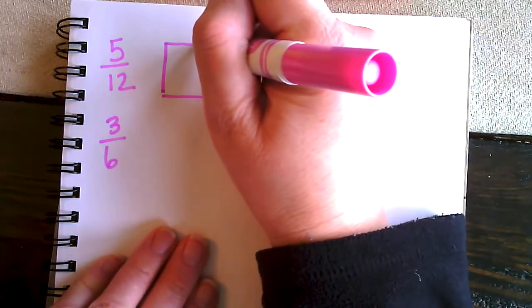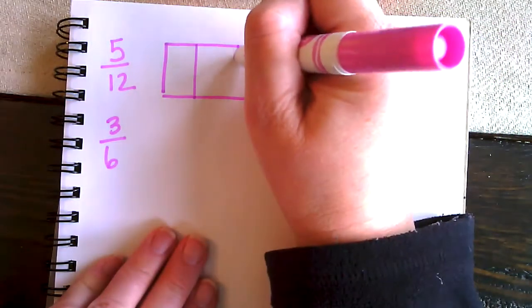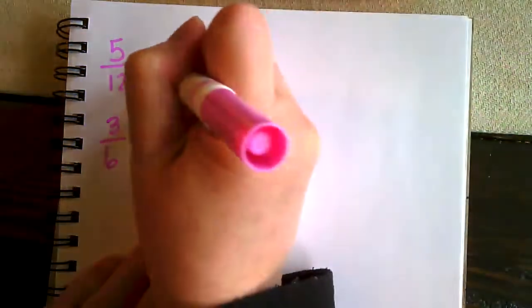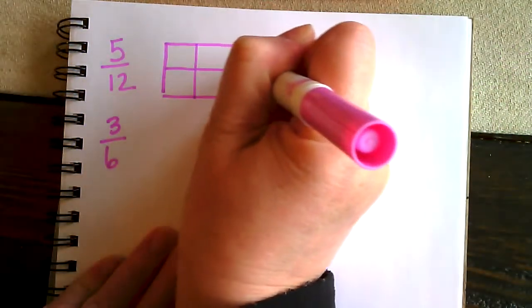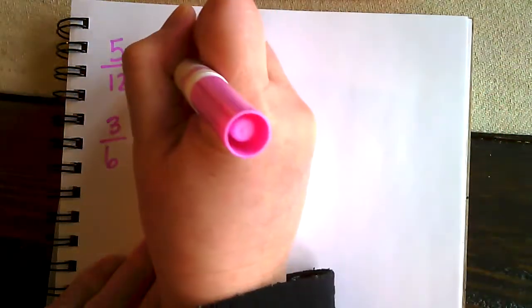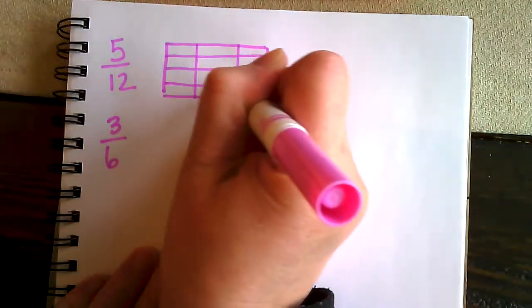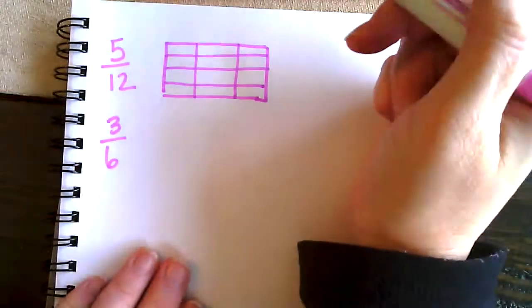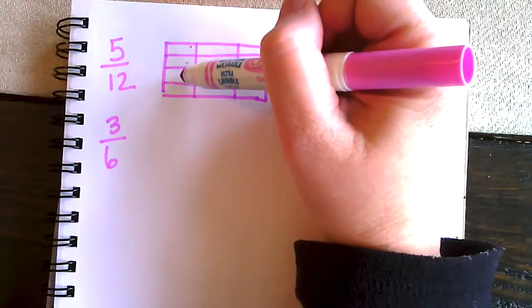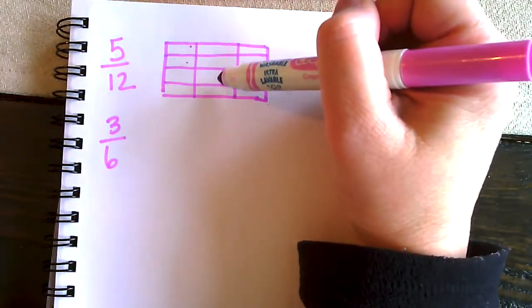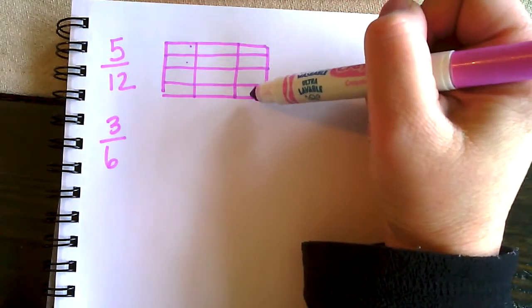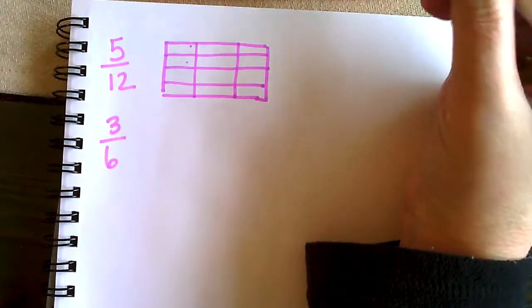I like to split it in thirds, and then I split it in 6, and then I split each half. That should be 12ths. 1, 2, 3, 4, 5, 6, 7, 8, 9, 10, 11, 12. We have our 12 pieces there.